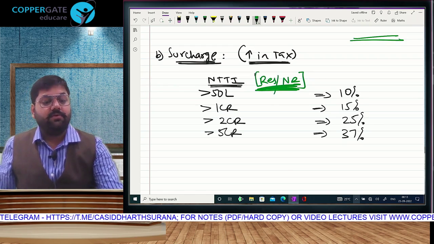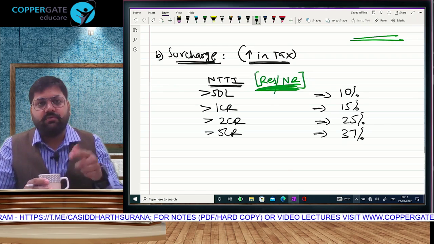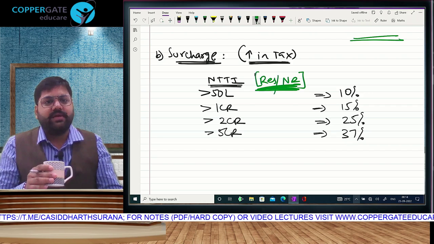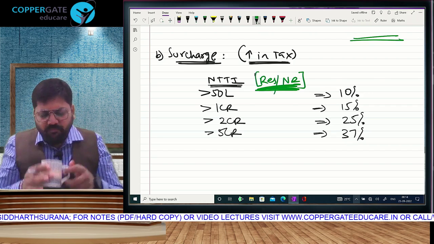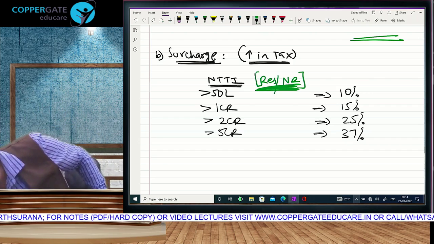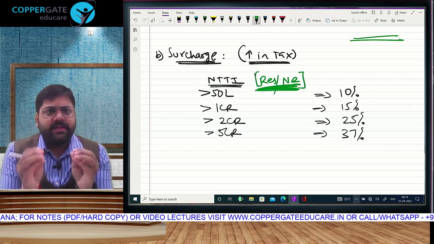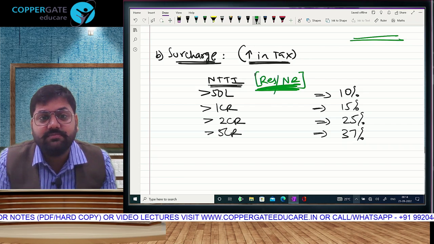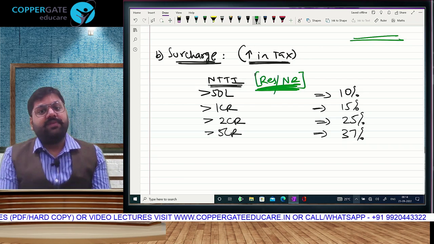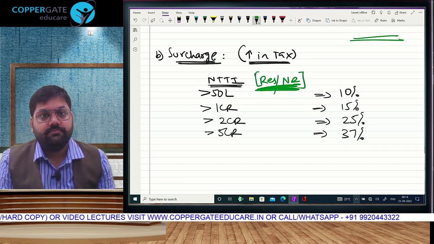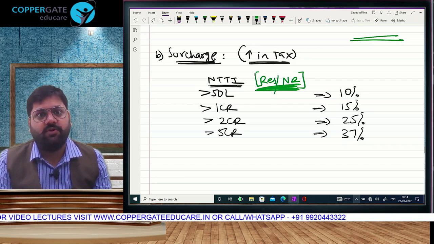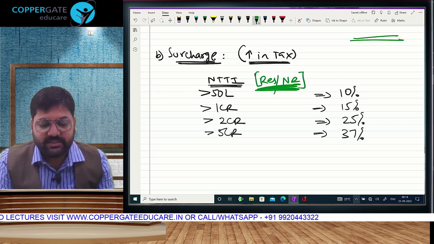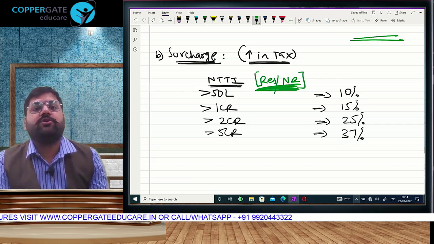Rebate is applicable only to individual. Rebate is applicable only to residents. Surcharge is applicable to resident as well as non-resident. Simple question. Have I written the word resident for surcharge? That means it will come for all. In rebate, I wrote resident, that means non-resident will not get it. But surcharge will come for all. It only depends on your income criteria.